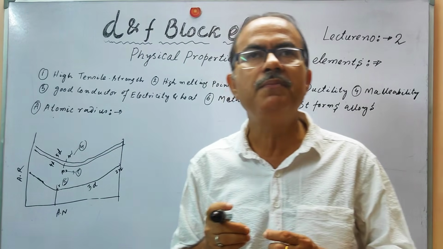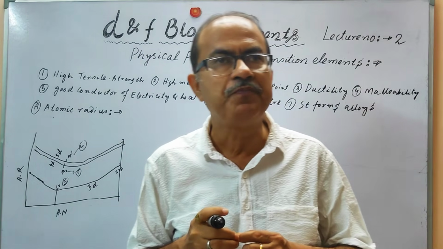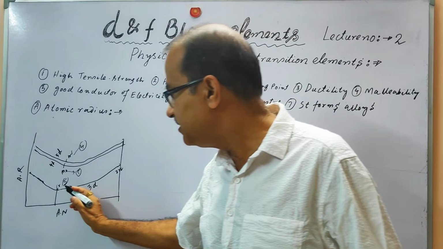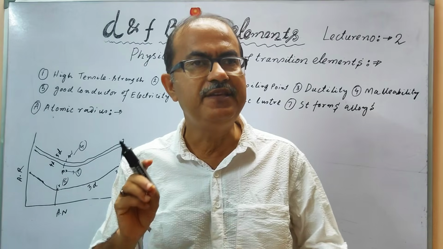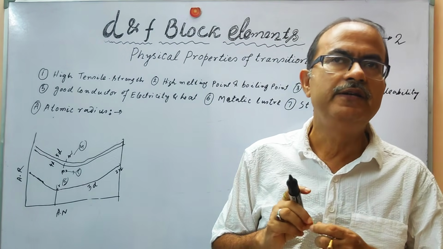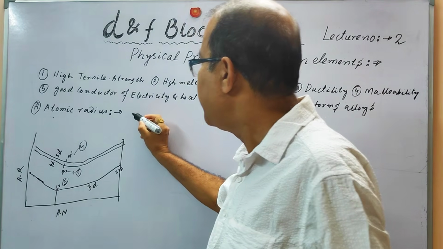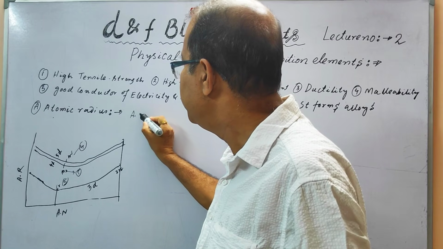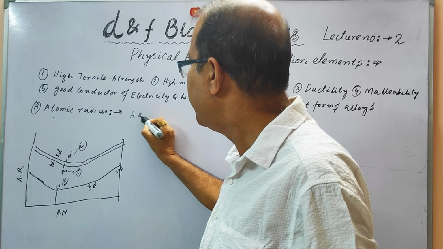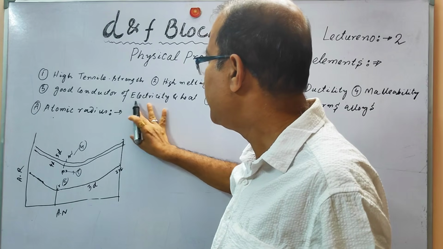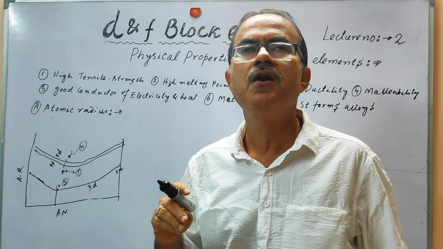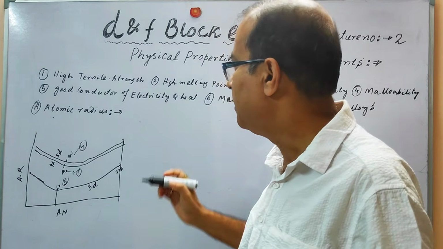So there is a maximum number of d electrons at the middle, and after that the d electrons go on increasing, and d electrons increase the screening effect. The atomic radius is a function of the atomic number.